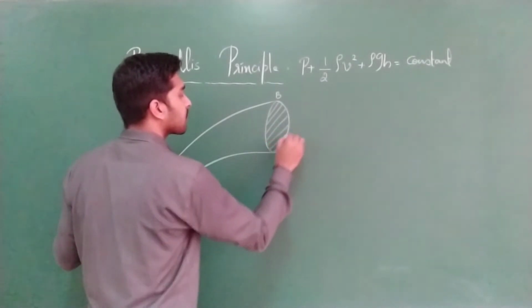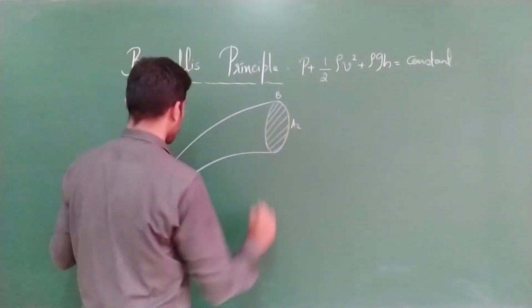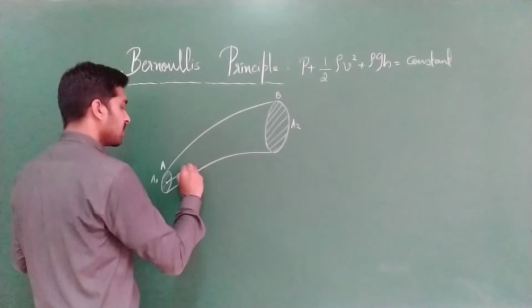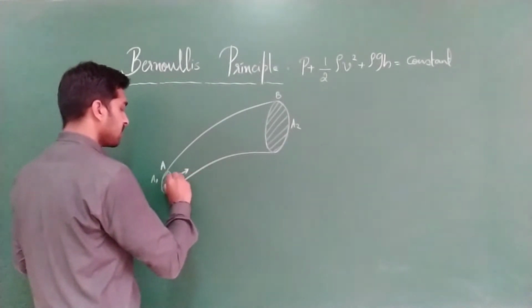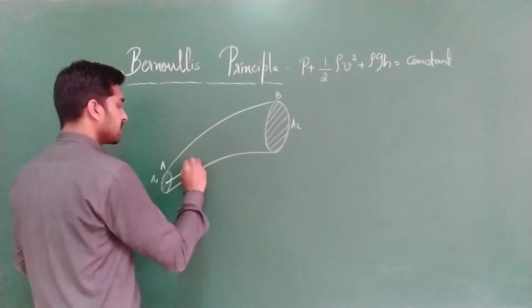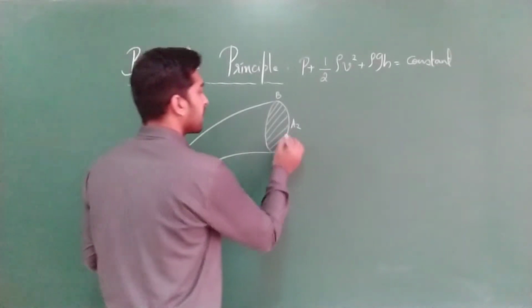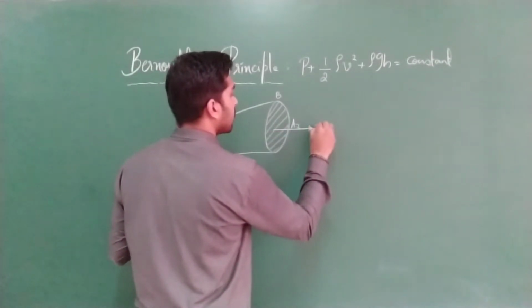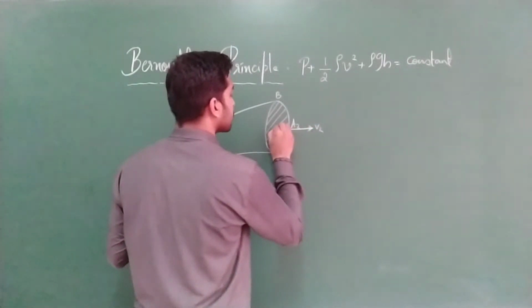Clear? Then here we have the velocity of the particle at this point, V1, and again at this point it will be V2.